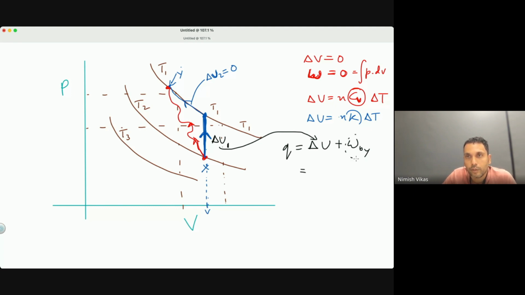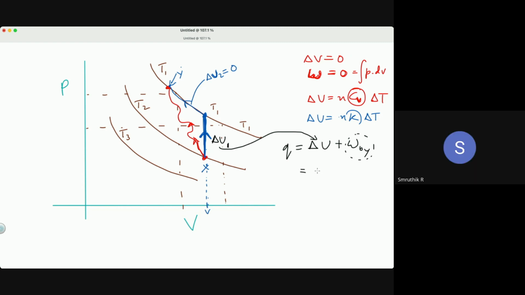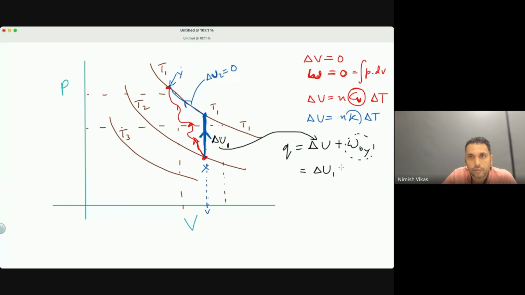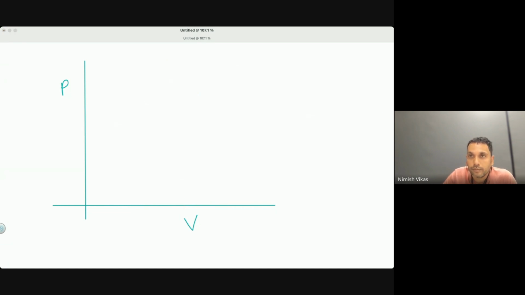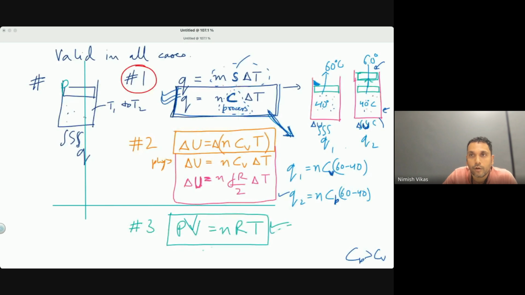So what all do I know in this equation? Do I know work done by the gas? Yes, sir, it's 0. Do I know delta U? Very fortunately, I know, because I gave you an all-time formula for that.